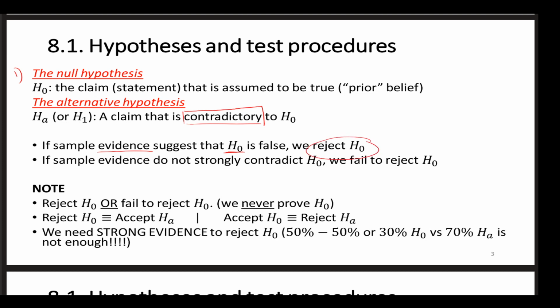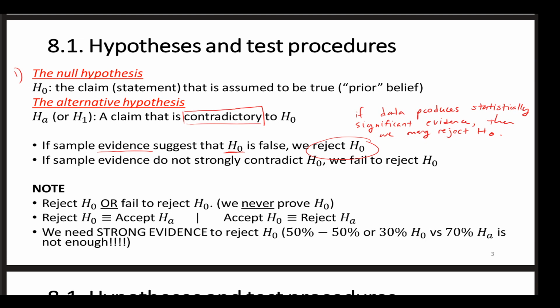So if the data that we collected produces statistically significant evidence, then we may reject the null hypothesis, the initial claim by the manufacturer, or whoever made the initial claim.